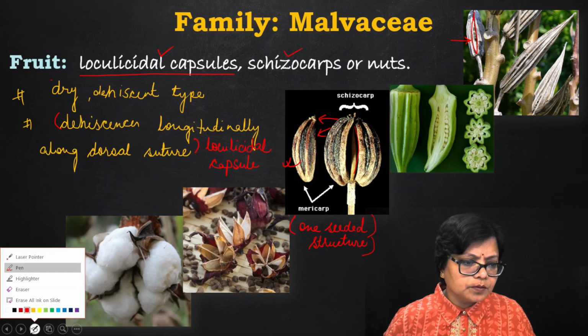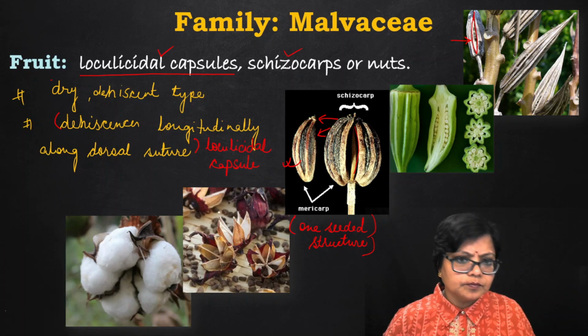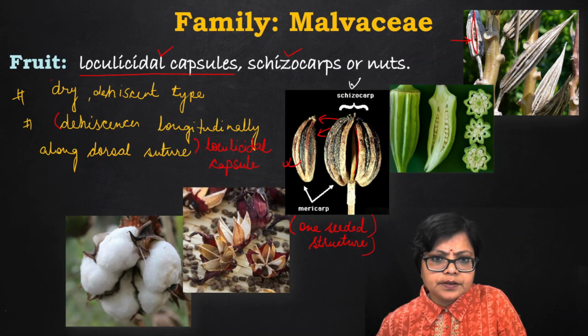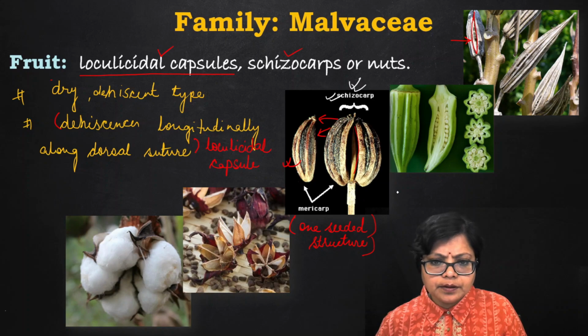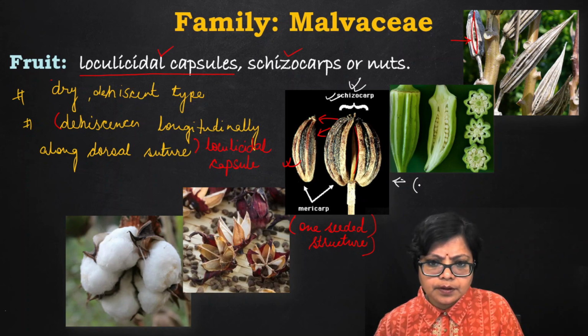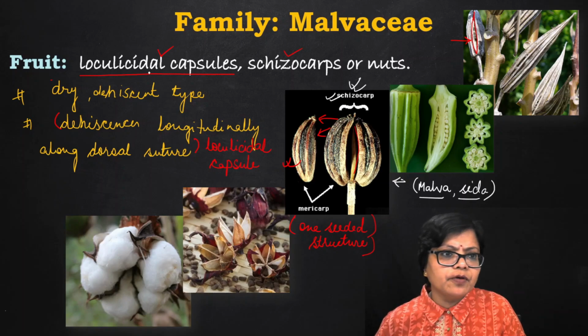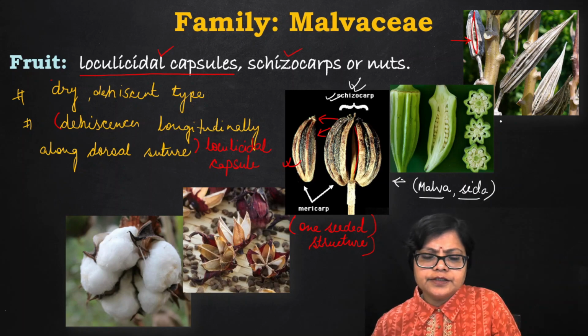So this diagram represents schizocarp. Examples for schizocarp: Malva, Sida, etc. An example for loculicidal capsule: lady's finger.